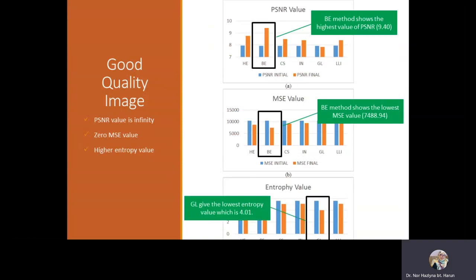And GL, gray level slicing, gives the lowest entropy value, which is 4.01.